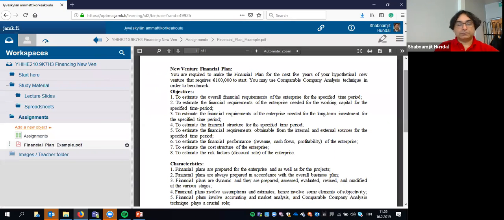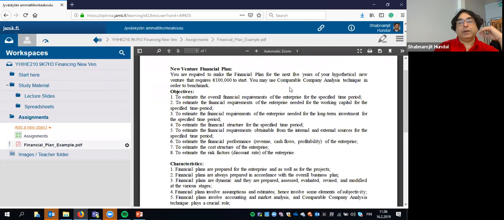All right, in the finance plan, you will be required to produce and discuss a finance plan for the next 5 years of a hypothetical company, which we assume with a common denominator that the project will cost you 100,000 euros to start.